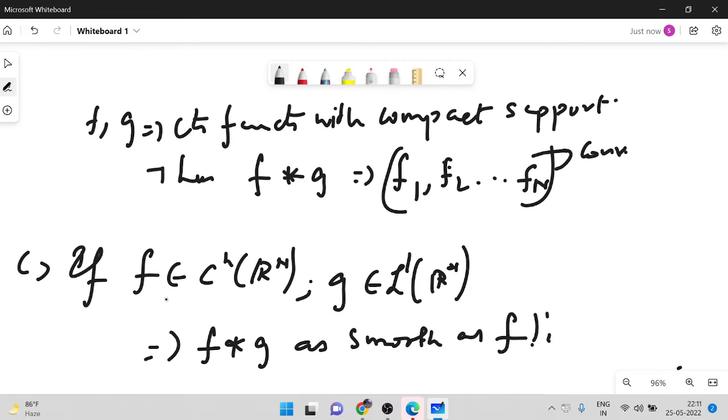So the convolution basically smoothens our function.